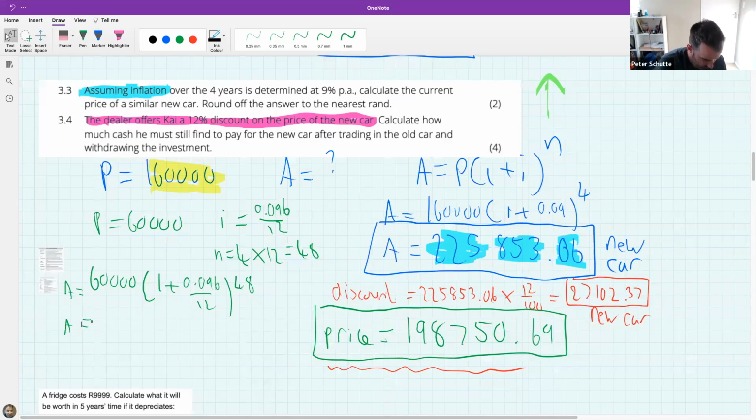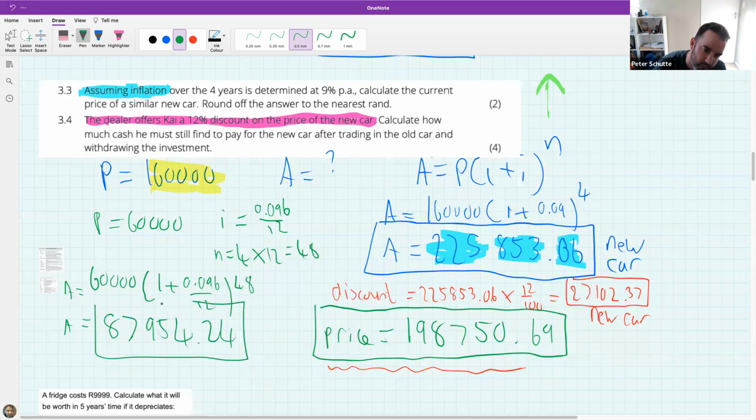So 60,000 times 1 plus. So in case you're feeling confused, this is just a separate amount of money that he had saved, and it was mentioned in the question. And that money would have grown to 87,954.24. And I'm going to call that cash.